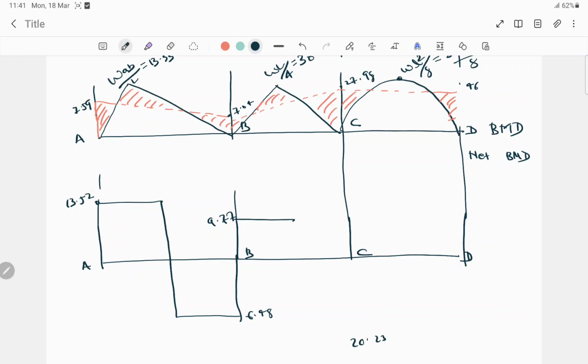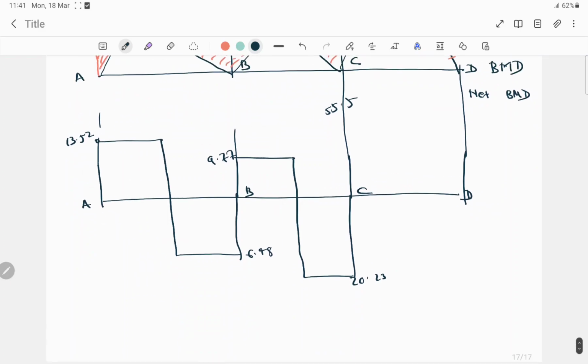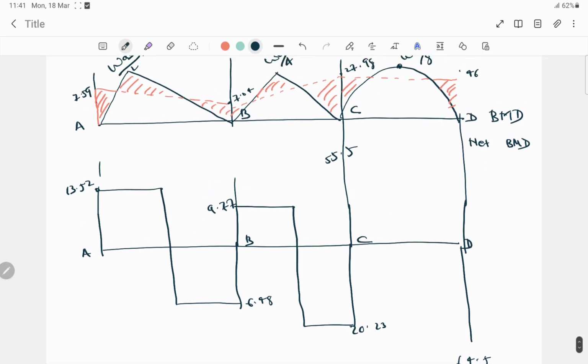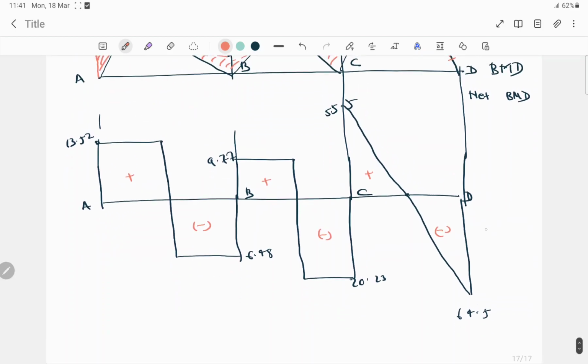So this one will be like this. And for a UDL here 55.5 and here 64.5. So for UDL, where the bending moment is maximum, our shear force is minimum. So like this. This is negative, this is positive, negative, positive, negative, positive. So this is the shear force diagram.